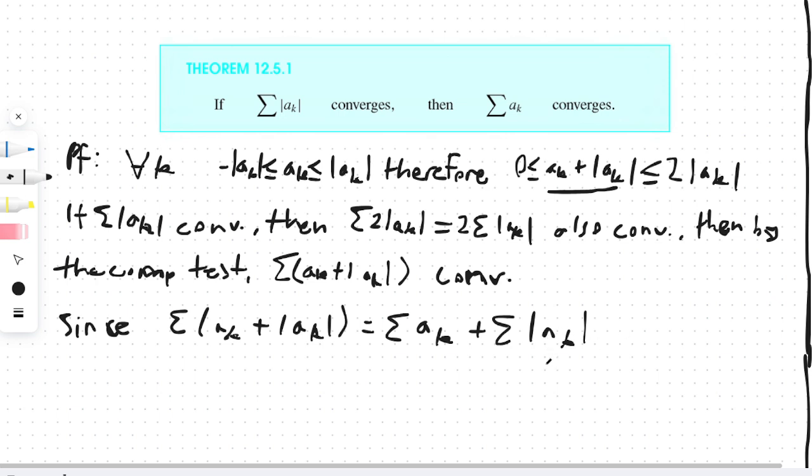Then we can say, well, we know this one here is going to converge, and this converges, so this also needs to converge, is the idea of where we're headed with this.